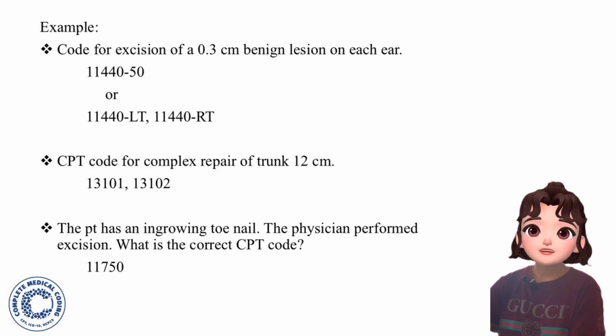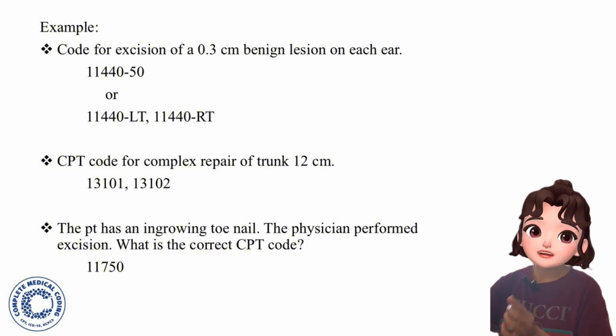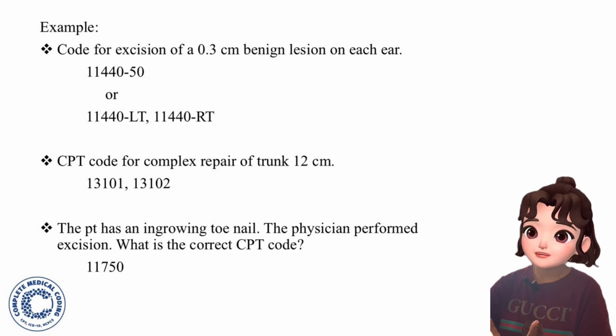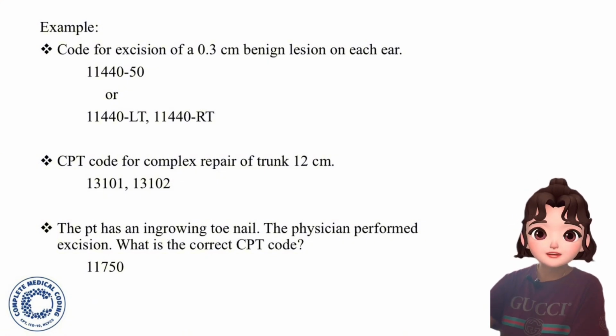So for coding 12 centimeter, you don't use only 13102, that is wrong, as that only represents the additional part. You have to code both 13101 as a primary, which represents the size till 7.5 centimeter, and then the remaining up to 5 centimeter you can code 13102. Okay.